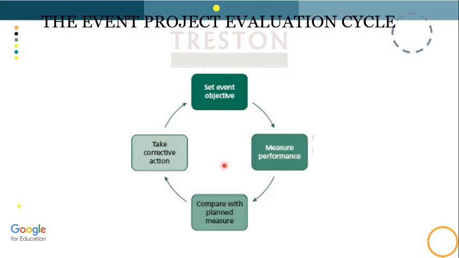Because during your planning phase, I'm sure you've set measures for success or metrics for success. And then you take corrective action once that goals or that metrics are not being met. So you take corrective action and then you set an objective again.